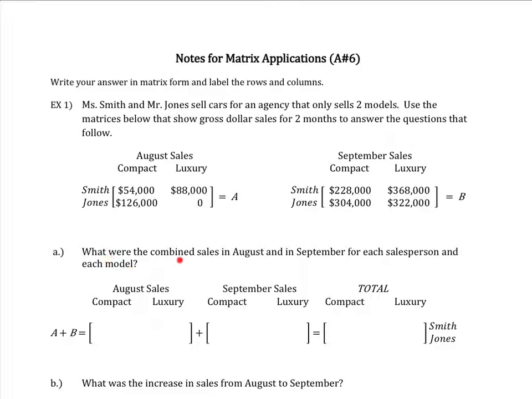What were the combined sales in August and September for each salesperson in each model? Well, it's pretty simple. When we're trying to figure out combined sales for both months, we know this matrix represents August and this matrix represents September.